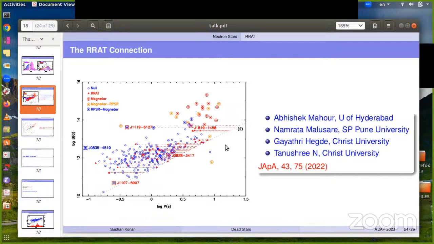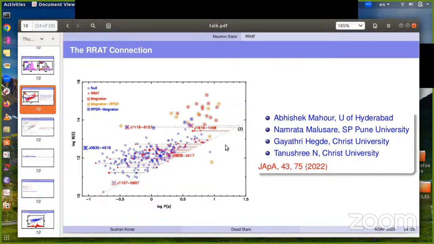Okay, all right. So first of all, how are we going to track the magnetic field of these RRATs? We have found the lower limit, right? Now we have seen from the known objects that magnetars seem to be evolving into RRATs.